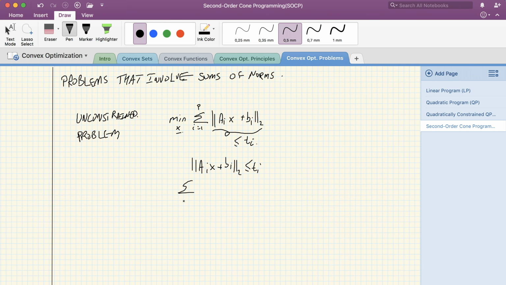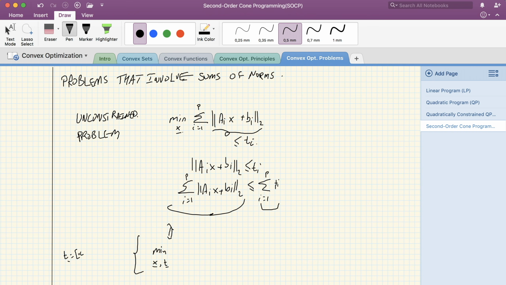That means that we can sum on both sides, since all the terms are positive, so there's no problem in summing on both sides as such. So instead of minimizing this, I'll minimize an upper bound. So I've got the following problem now. Minimizing over x and the t_i's, so I'll call it vector t, where t is the vector t_1 down to t_p.